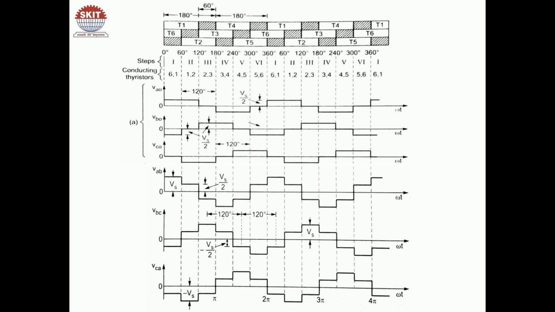Now we calculate VCA voltage. That will be VC minus VA. It starts from 240 degree, or from this point, and the magnitude of this waveform is the same as the starting of VAB.